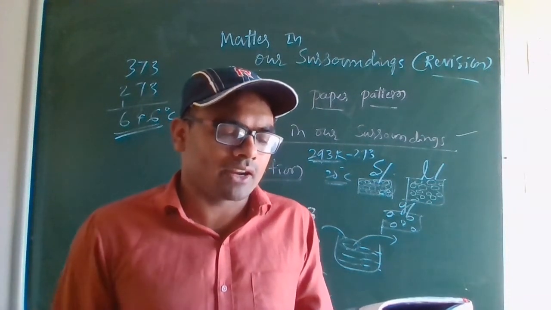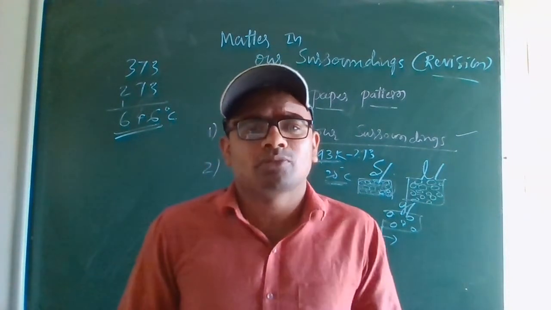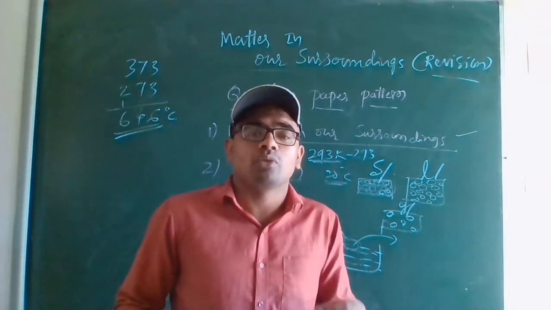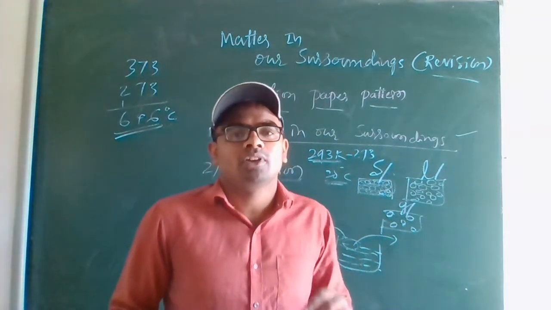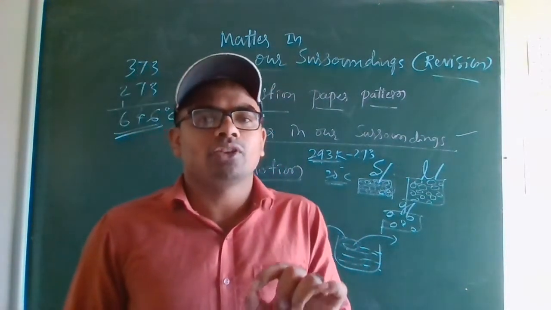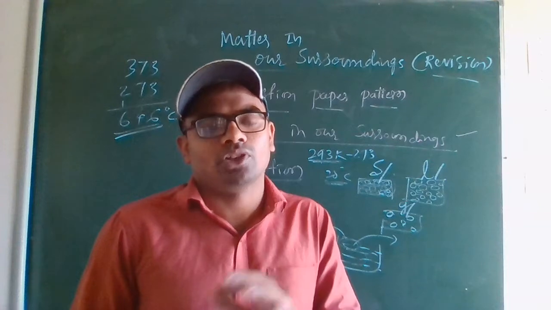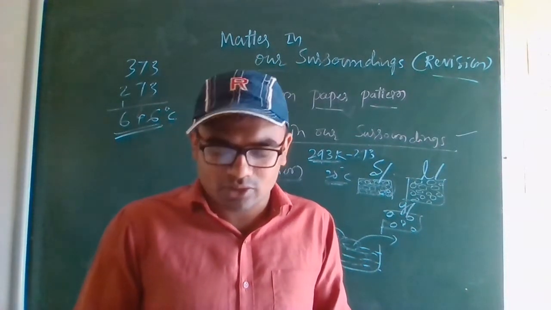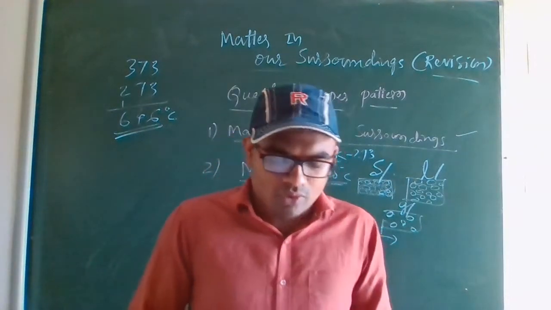Same thing, an iron almirah is a solid at room temperature. The force of attraction between its particles is maximum, and it has a fixed shape and fixed boundary or volume, so it is a solid at room temperature.